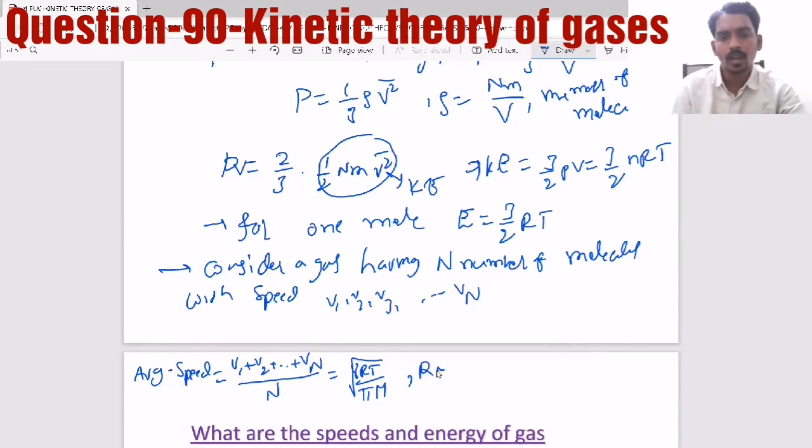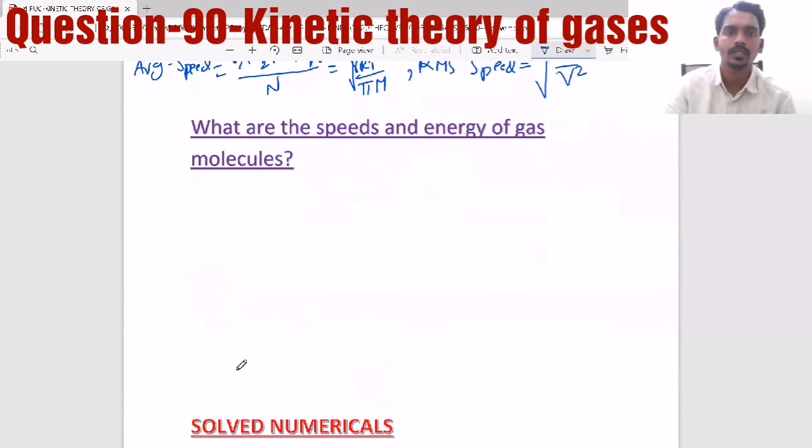And another one is RMS speed. RMS speed means under root of the mean of the square of the speeds. Let's see what are all the speeds and energy of a gas molecule. One is average speed, that is under root 8 RT by pi m.